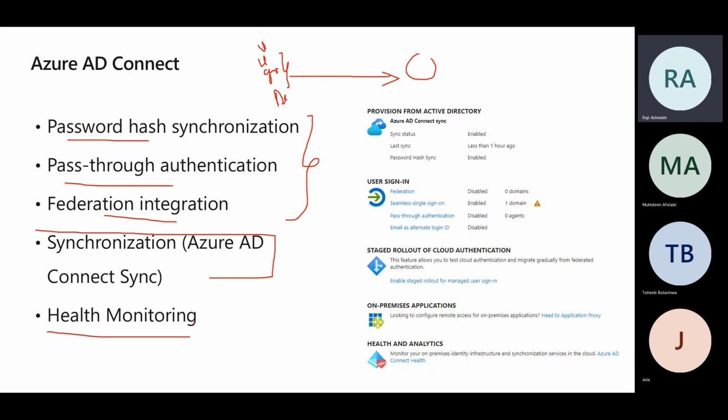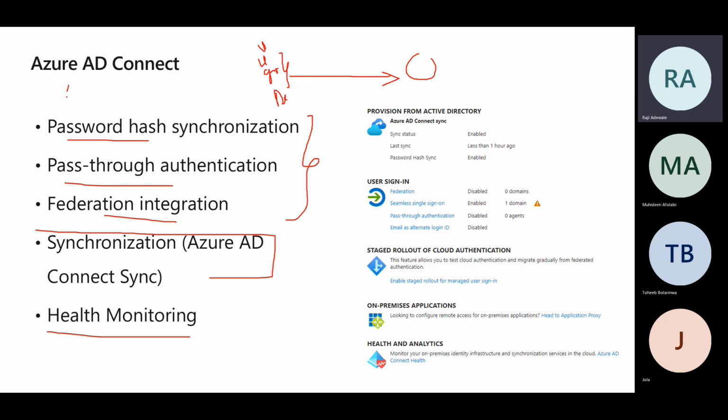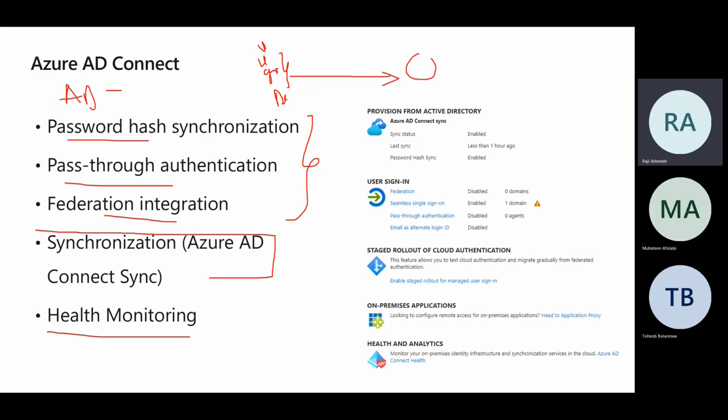So you also have what you call Azure AD Cloud Connect, before we talk about the authentication options. Now, when Microsoft started out, what you had was Azure AD Sync, which was the service or application used for establishing the hybrid identity.